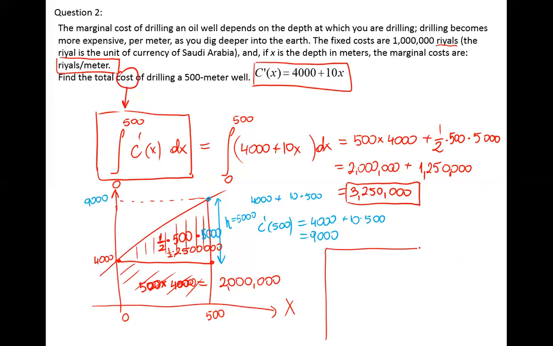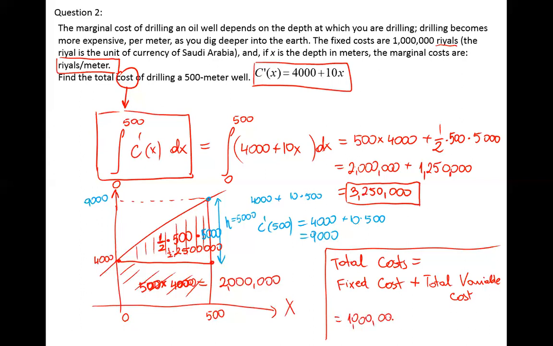Total cost will be the fixed cost plus the total variable cost, because this is a variable cost. We have to add whatever cost we had at the beginning. We did have 1 million, which is 6 zeros, plus my value, 3,250,000.